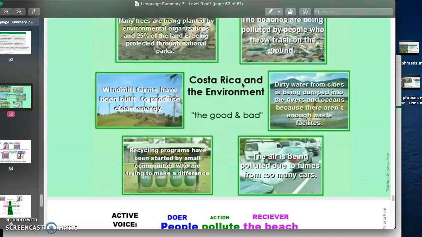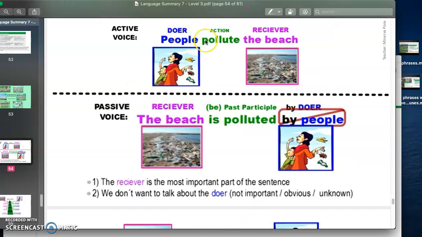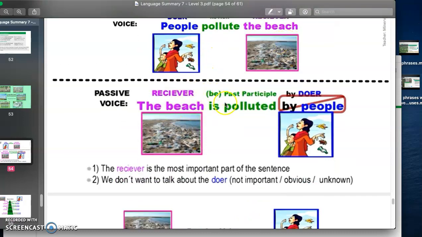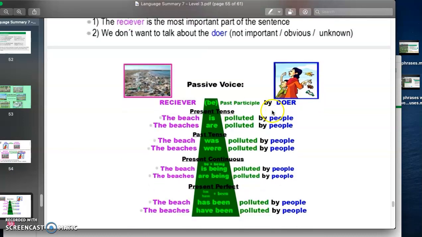That's what we just saw. But we can take a look at this. People pollute the beach. In the simple present, it's going to be the beach is polluted by people, or the beaches are polluted by people.